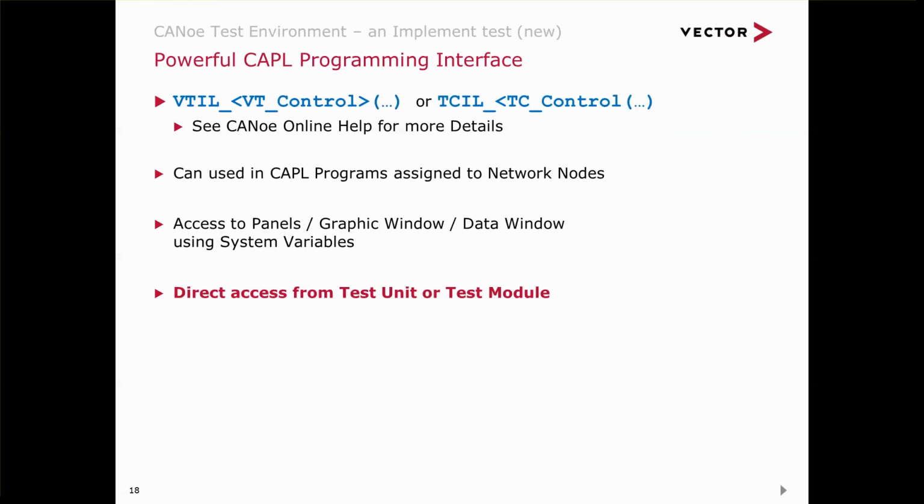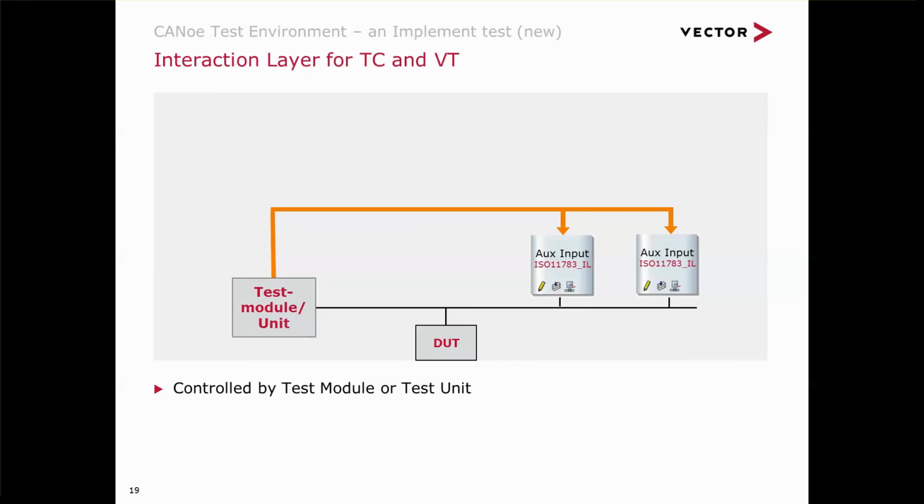And the principle is that we remove our interactive task controller and interactive virtual terminal, and we use the interaction layers. In this case, the test modules or the test unit have access via the CAPL interface to those interaction layers and can control them.